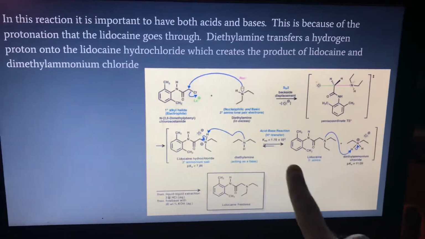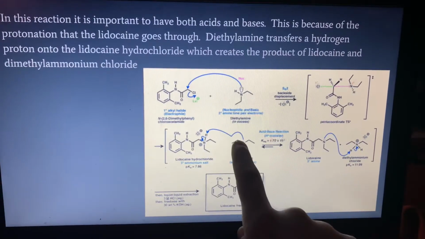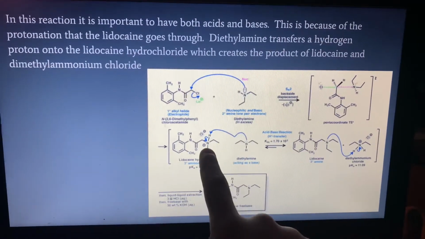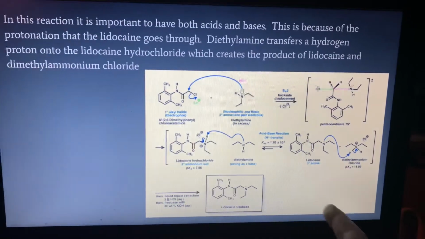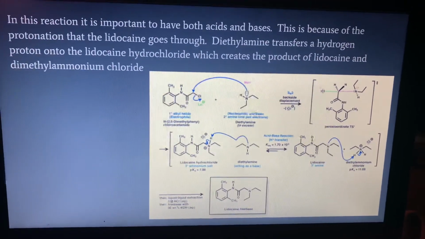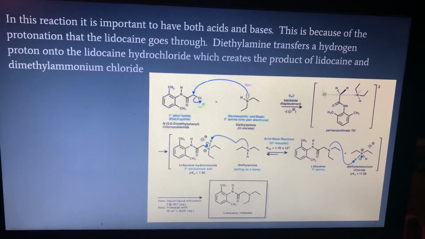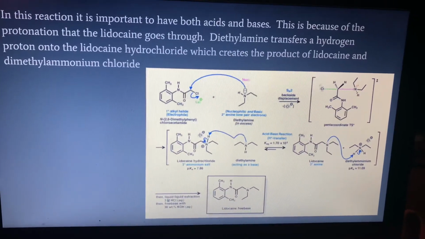And you can see that over here, the dimethylamine, I'm not saying that right, but it's transferring the hydrogen proton over to the lidocaine, which is then making it into the diethyl ammonium chloride and lidocaine instead of a lidocaine hydrochloride.